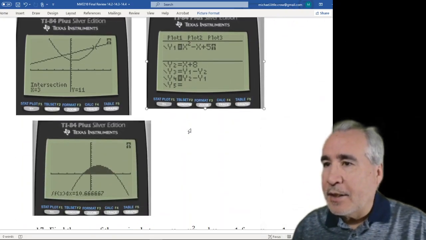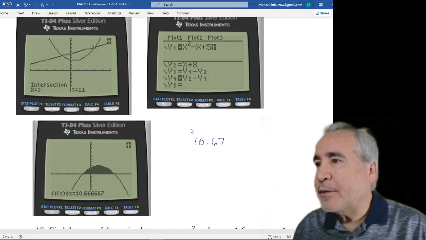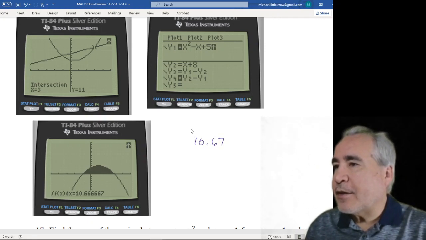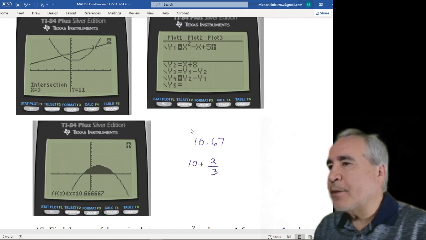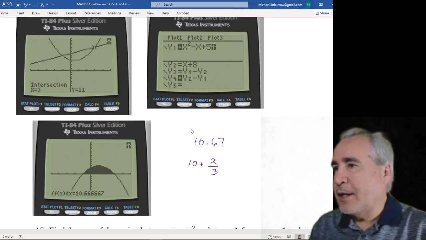And again, what we'll do is come down here. It is 10.67, we'll say, rounded to 2 decimal places, recognizing that this is a third. If you need to be able to recognize it, it's actually 2/3, sorry. 10 plus 2/3, which would be the mixed number 10 and 2/3. So you can turn it to an improper fraction.